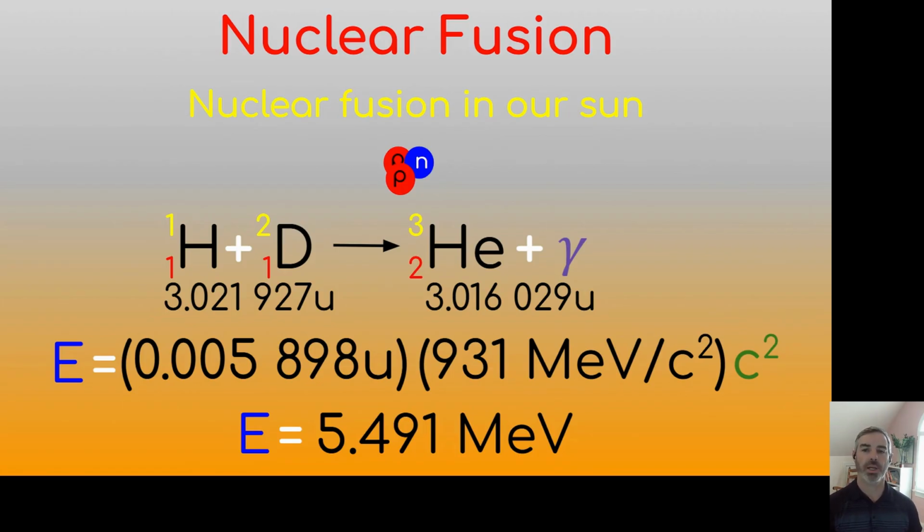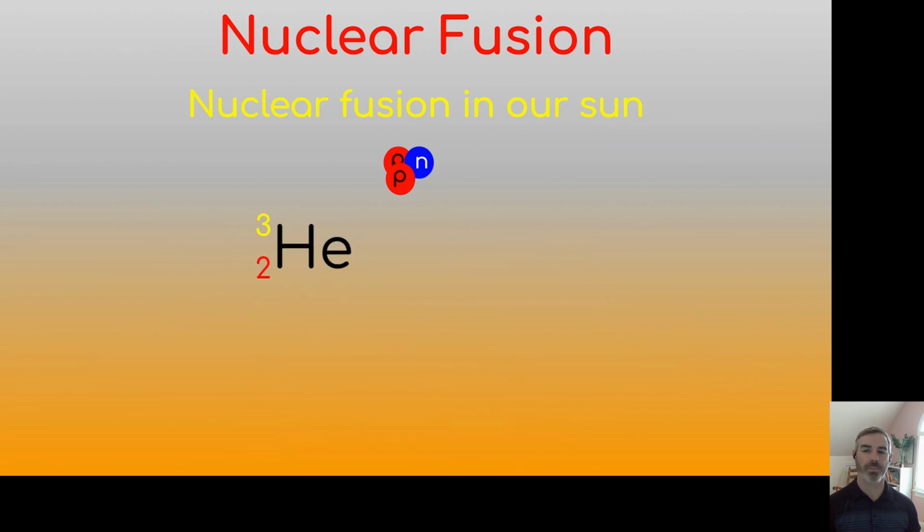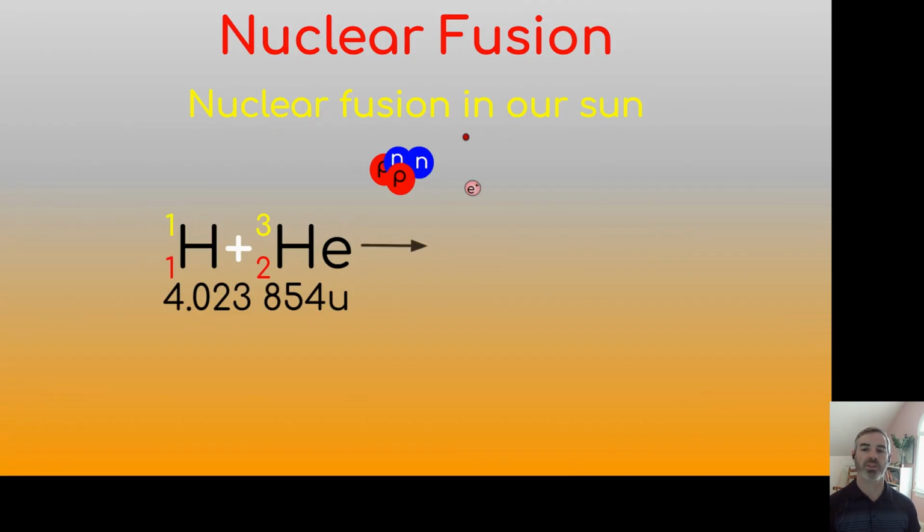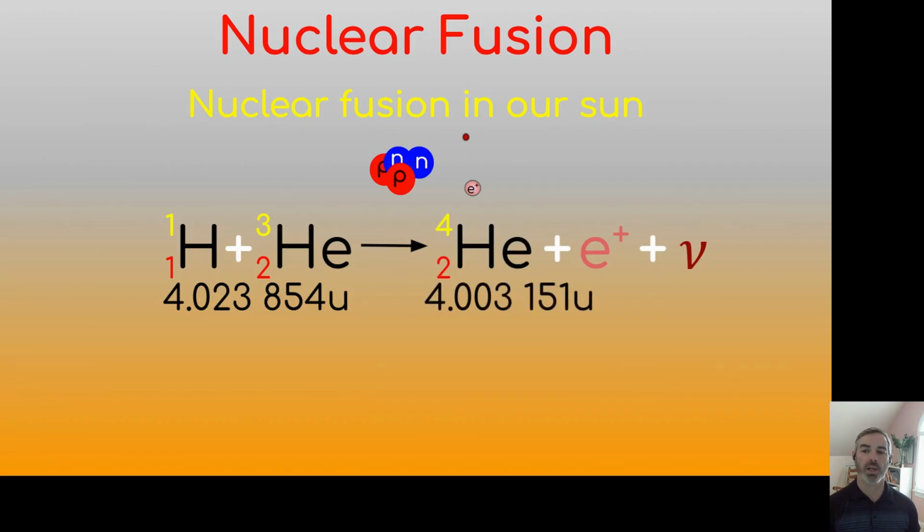Now from here, a couple different things could happen. We have our helium-3 nucleus, and another hydrogen could collide and fuse together with that. What happens during that process is one of those protons changes into a neutron, and the product is helium-4, a positron, and a neutrino.